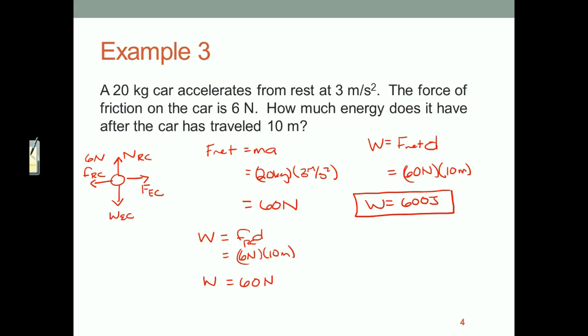If the total is 600 and the friction does 60, that means that the other force here has to make up for that. Total is 600, friction removes 60. That means that F engine, let me try that again. F engine does 660 joules of work. It adds 660, friction removes 60, resulting in 600.